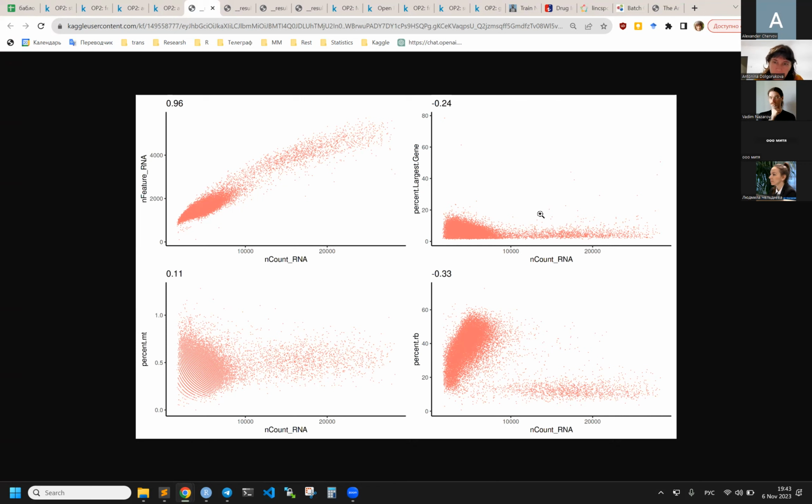Percent of largest genes, oh sorry, I said it wrong. Percent of largest genes, no correlation, but also this pattern of cells with a large number of counts here.